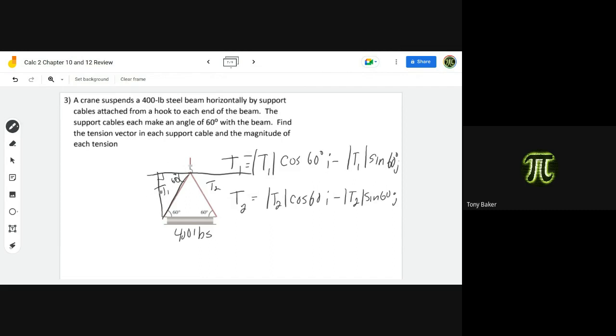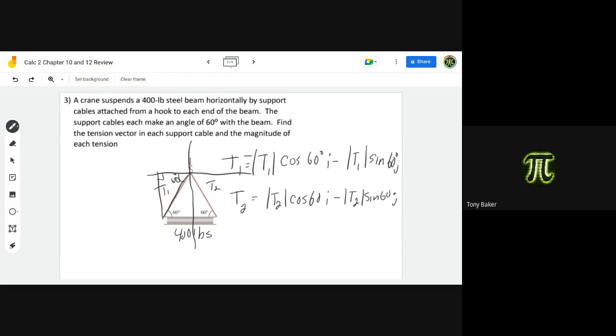I labeled this one as T1, so this direction is going to be the negative if that's my middle. This is the negative side. That's the positive side. One of them's got to be negative, one's got to be positive because they're in opposite directions. That's the only thing that matters. It wouldn't have made a difference.